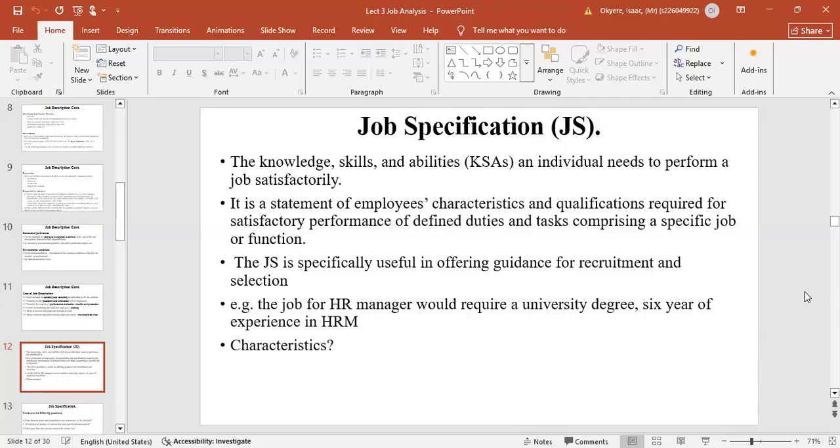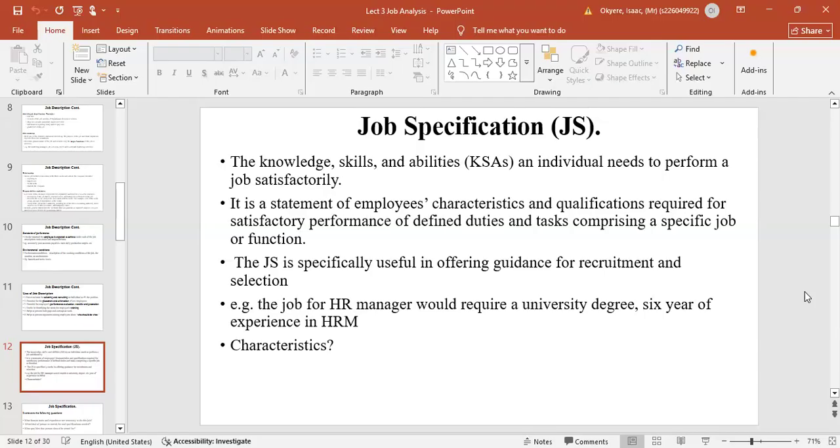For example, as a lecturer, what are your relevant job specifications? You are supposed to have a PhD, that is a doctorate. You are supposed to teach for a minimum of 5 years. You are supposed to have the ability to do research.